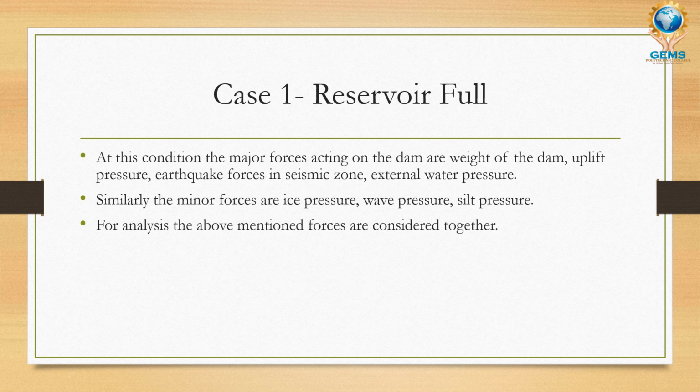In lecture 2, I explained the forces which act on the gravity dam. Now case 1, the reservoir at full condition. At this condition the dam experiences these types of forces: weight of the dam, uplift pressure, earthquake forces in seismic zones, external water pressure, and similarly minor forces such as ice pressure, wave pressure and silt pressure.